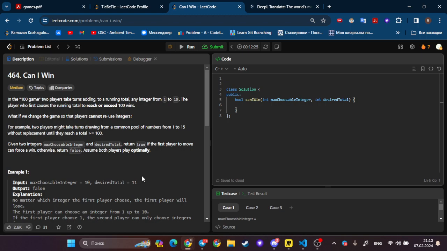And that's why this problem is medium, and that's why you need to be on guard. What type of game do you have?